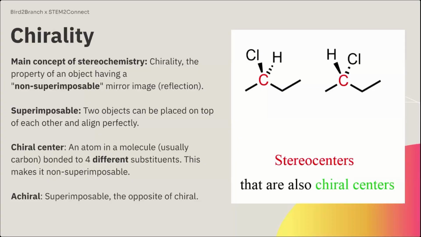So it is very important to remember that chiral means non-superimposable and achiral means superimposable. A key feature of chiral molecules is having chiral centers. Essentially, it's an atom in a molecule that is bonded to four different substituents, or four different connections. And the way it has these connections makes it impossible to be directly laid onto another one that is connected differently.